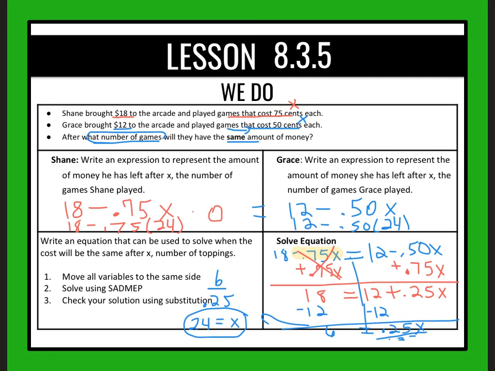Shane would get $0, and so would Grace, because that means that after 24 games, they have used up all their money. So that solution would be after 24 games, they would have had zero dinero, zero money, because they were playing and they lost everything, okay? So hopefully that makes a little more sense as we're solving for some of these variables using a situation.